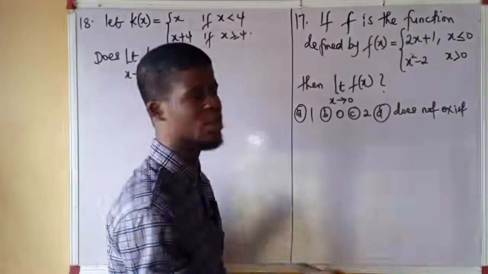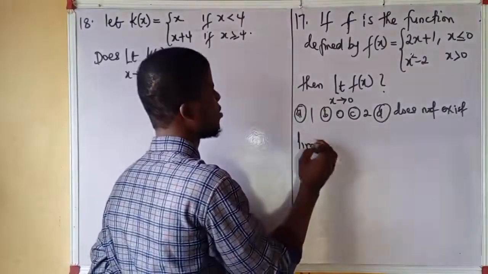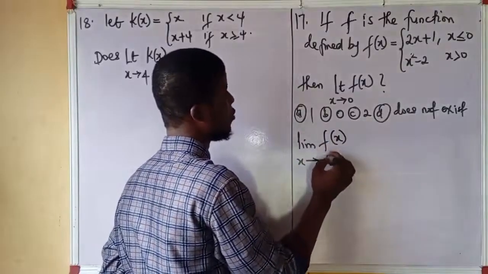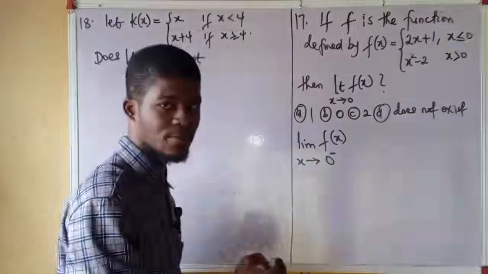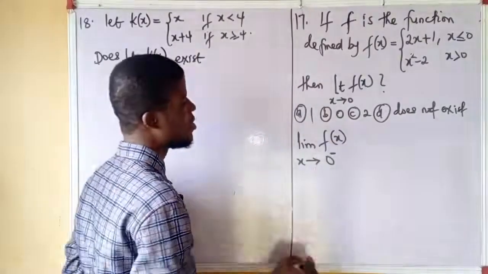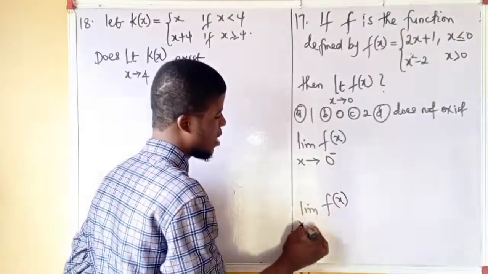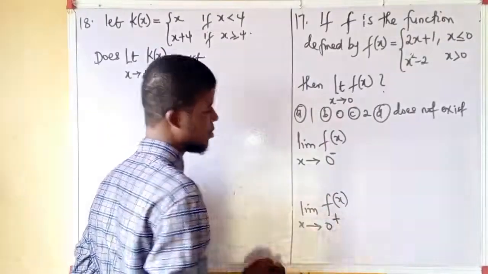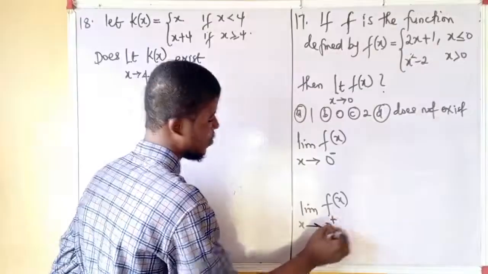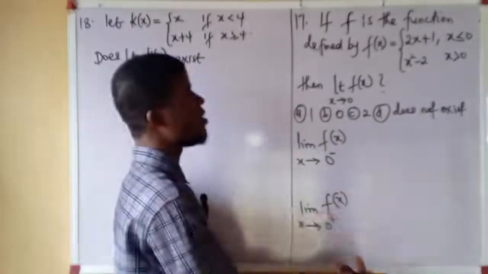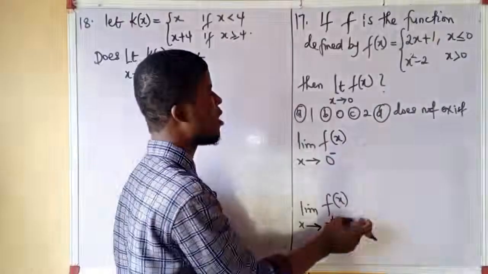When I say left-hand limit, I mean the limit of the function as x approaches 0 from the left. When I say right-hand limit, I mean the limit of the function as x approaches 0 from the right. That is 0 to the power of plus. You get the point? So if both of them are the same, that means it exists, and the common value is the answer.